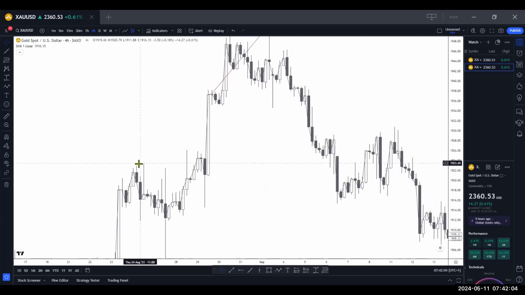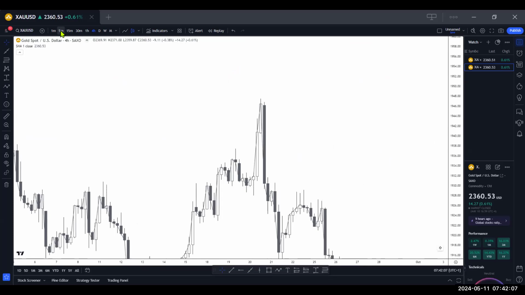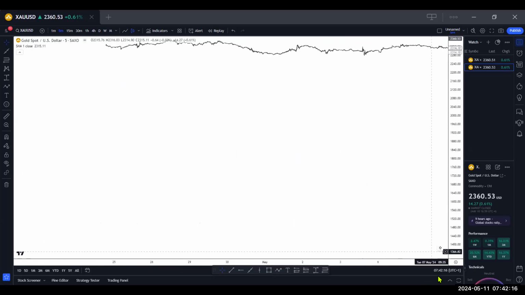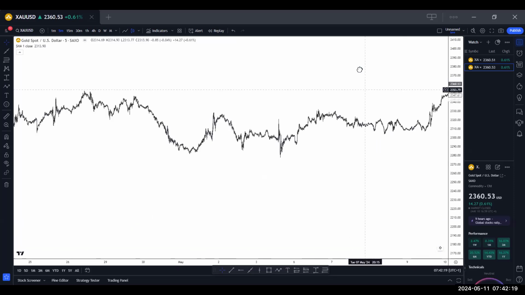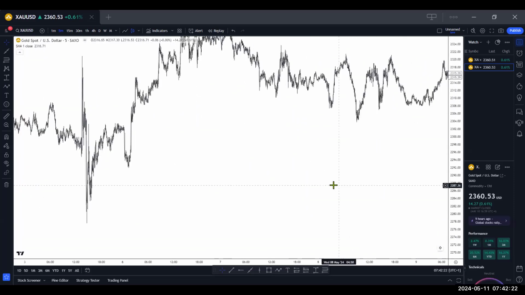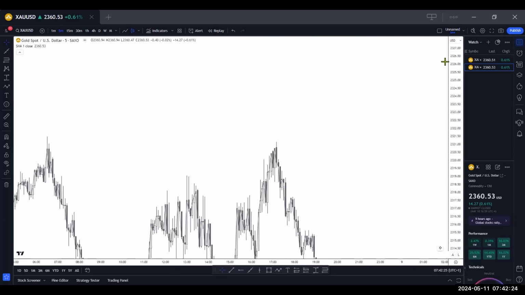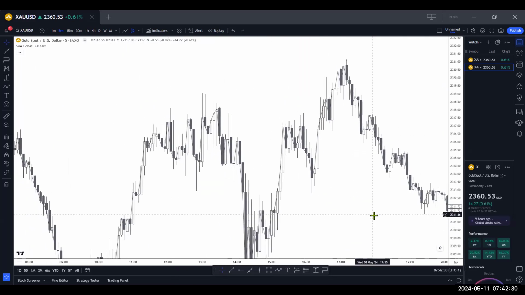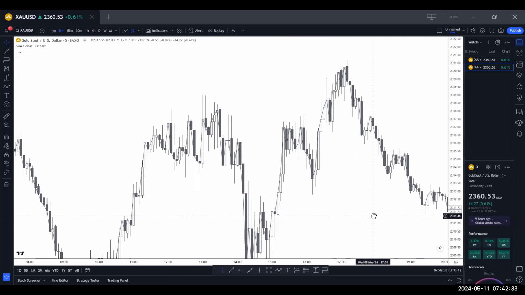If I go to the M1, you're going to be seeing a lot of this M1 in private. First touch, second touch.